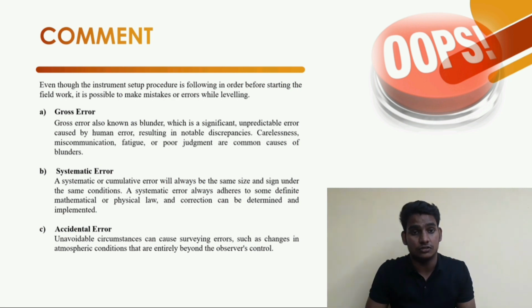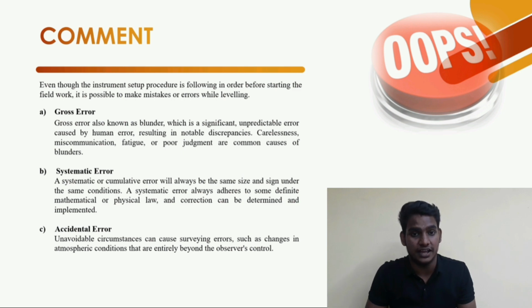The first is the gross error. Gross error, also known as a blunder, is a significantly unpredictable error caused by human error, resulting in notable discrepancies. Carelessness, miscommunication, fatigue, or poor judgment are common causes of blunders. The next is the systematic error.